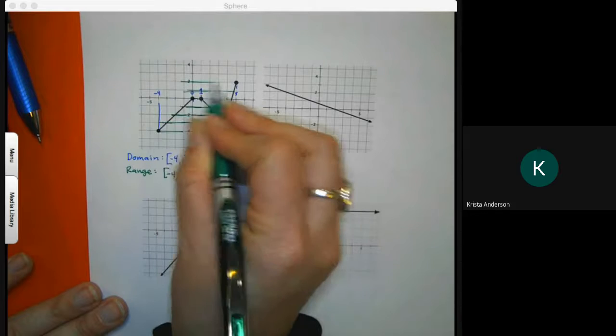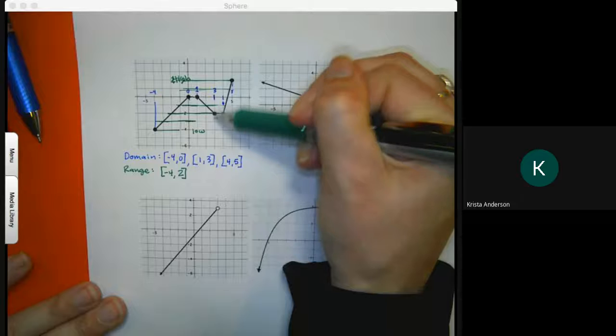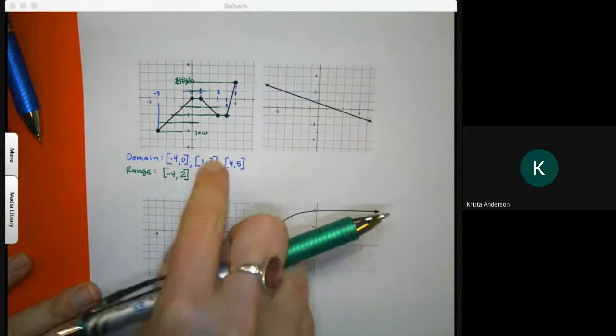There's no gaps so far, and then it stops. So it goes up to 2. That's my height. So my range doesn't have any gaps between them. Where my x is, do you see how the x had a gap here and a gap here? That's why they're separated differently.